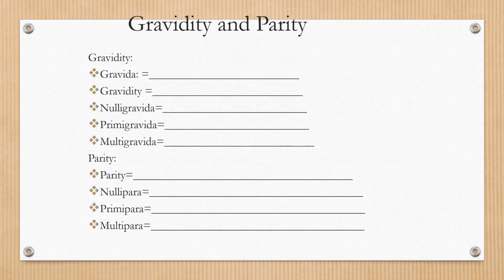All righty. So we said that in looking at these, gravid or gravity equals pregnancy. Okay? And then either of those words equals that she is currently pregnant. Nulligravid means never.